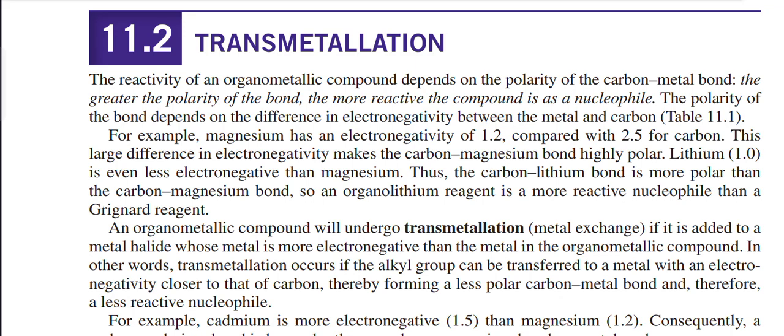This large difference in electronegativity makes the carbon-magnesium bond highly polar. Lithium, at 1.0, is even less electronegative than magnesium. Thus the carbon-lithium bond is more polar than the carbon-magnesium bond. So an organolithium reagent is a more reactive nucleophile than a Grignard reagent.